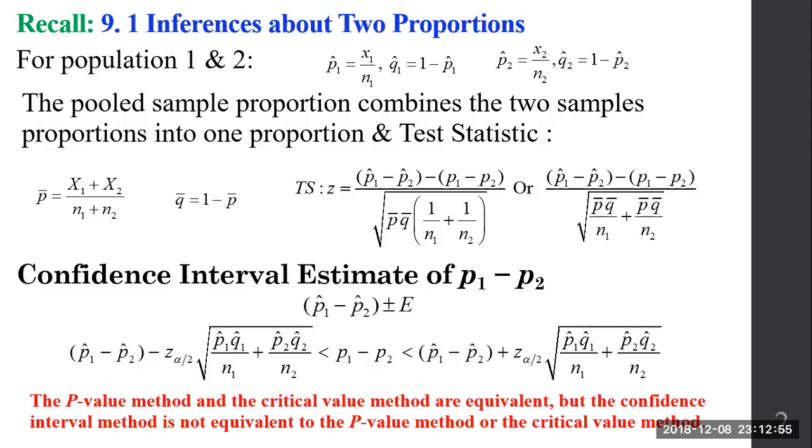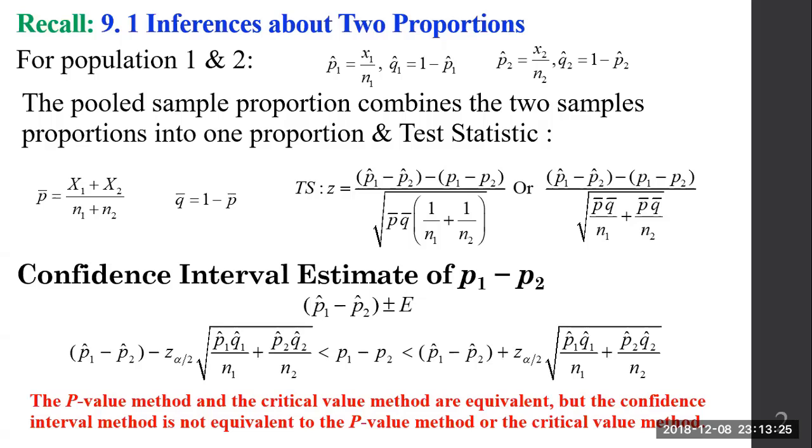However, in most cases, the confidence interval is also equivalent, except in this case, because the way we calculate the confidence interval, we use P1 hat and P2 hat, whereas in the case of a test statistic, we use P bar and Q bar, therefore they may vary slightly.